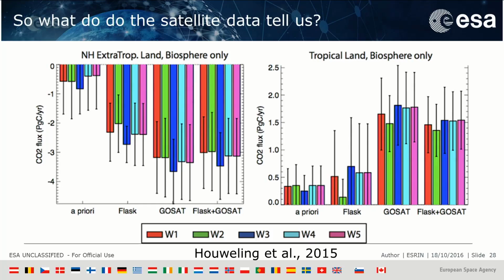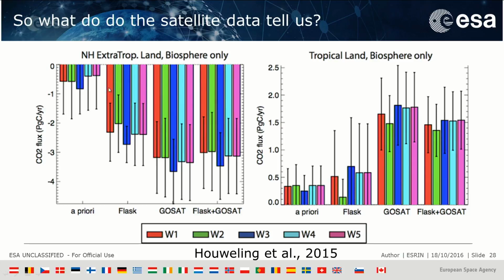And so now what happens if we add satellites? So this was the first big GOSAT intercomparison study. And this was a whole bunch of groups that are running inversions with surface measurements and with GOSAT satellite measurements, and saying what happens when we add the satellite data. So here we had our prior, and we're only looking at the northern hemisphere extratropical land here, and this is just the tropical land.